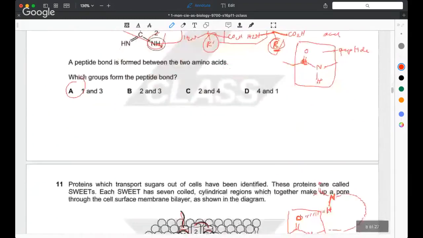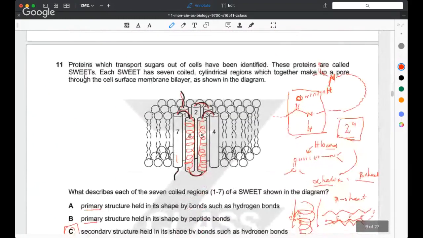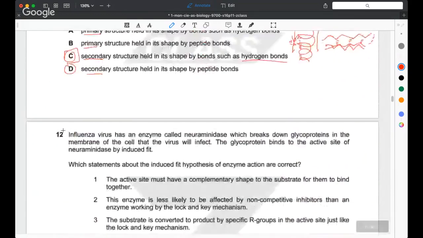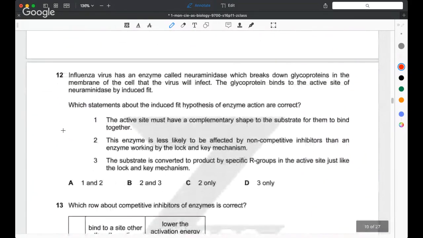And once we started to talk about chains of amino acids, the large chains of amino acids form proteins. And so the next set of questions start to talk about proteins, enzymes and enzyme kinetics.